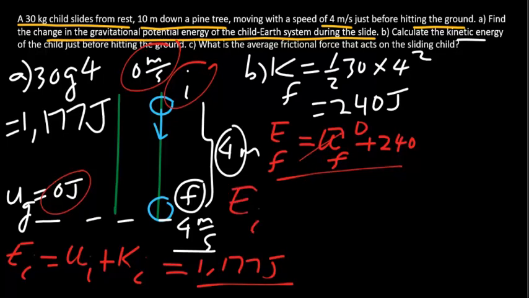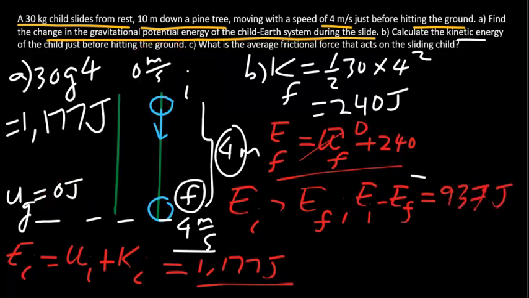So there is some kind of loss involved. And that loss, EI minus EF, is about 937 joules. So this 937 joules would enable us to answer part C, namely what is the average frictional force that acts on the sliding child.